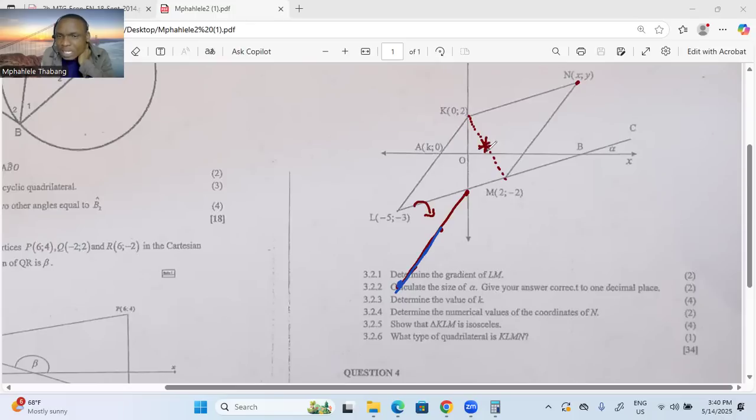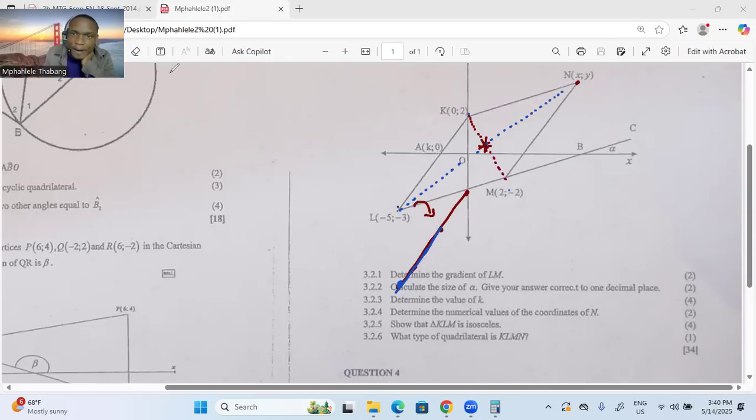I know it is also the midpoint of LN because the diagonals of a parallelogram bisect each other. So the diagonals must have the same midpoint. The midpoint of KM is also the midpoint of LN.